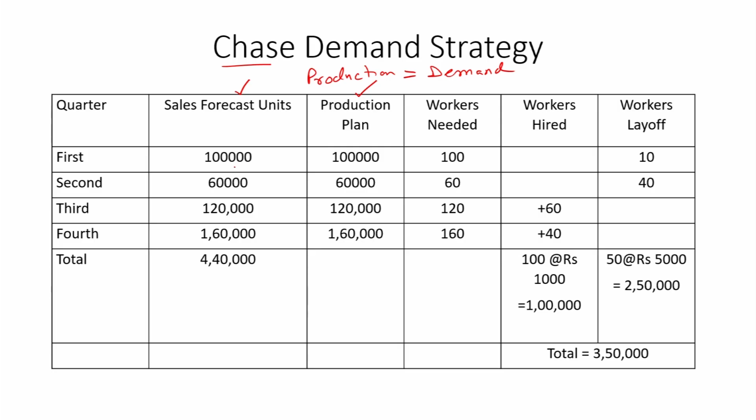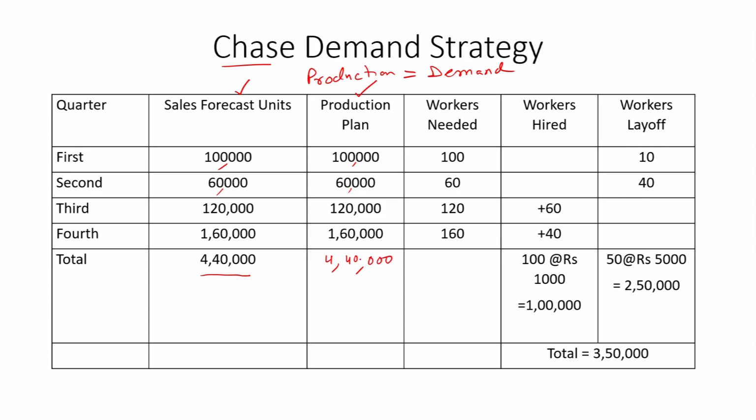In the first quarter, demand is 100,000, so my production is also 100,000. In the second, the demand is 60,000, production is also 60,000. In the third quarter, demand is 120K, the production is also 120K. In the fourth, the total demand is 440,000. So, my total production is also 440,000.